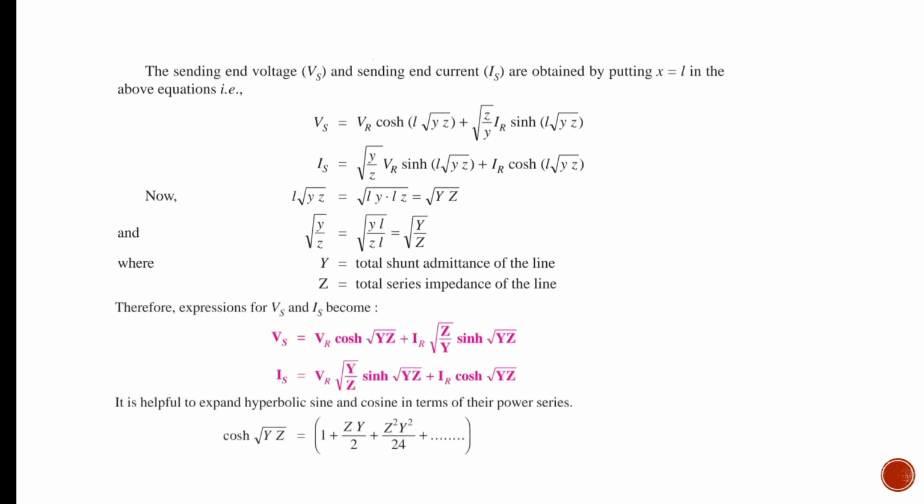Therefore the final expressions are: VS is equal to VR cosh root of capital Y capital Z plus IR root of capital Z by capital Y sinh root of capital Y capital Z, and the sending end current IS is equal to VR root of capital Y by capital Z sinh root of capital Y capital Z plus IR cosh root of capital Y capital Z. That is the final expression for the performance of the long transmission line.